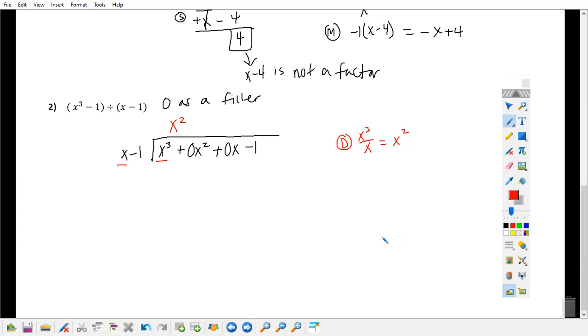Okay, after I divide, I'm then going to multiply. So we have x squared times x minus 1. Here we go. So we multiply, and we get x cubed minus x squared.